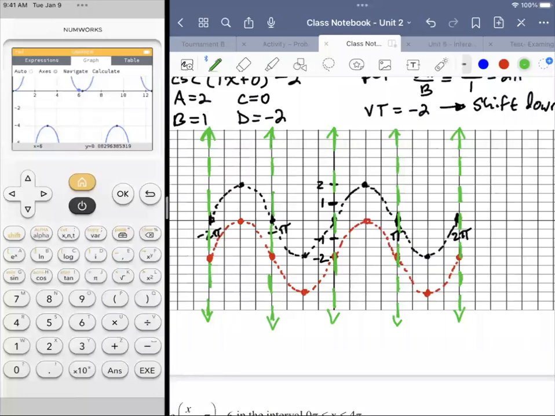But if you're a pencil and paper person, what you're going to want to do is somehow accentuate what your final graph is, because you're going to have a lot of curves and lines and points all over the place, but you need some way of letting me know what the final answer is.